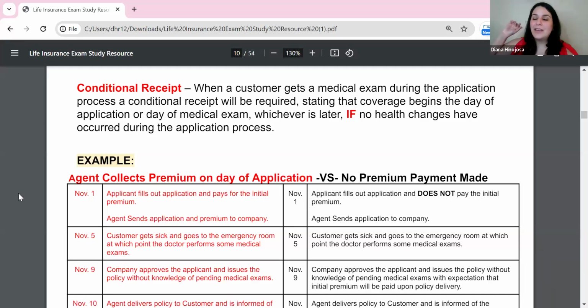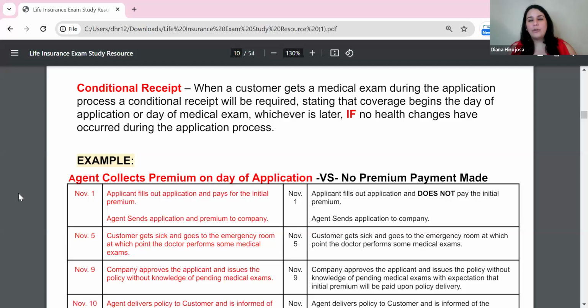And that "if" is highlighted in red and in bold because it could possibly just get canceled and be completely done over, all right? And right here, guys, you have the red version and the black version because there are two possible things that could happen and two different forms that we would need to collect depending on the given situation.